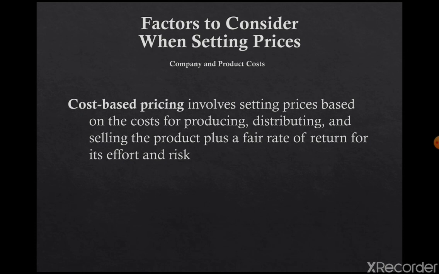Now this is the cost based pricing, which involves setting prices based upon the cost of producing, distributing, and selling the product, plus a fair rate of return for its effort and risk.